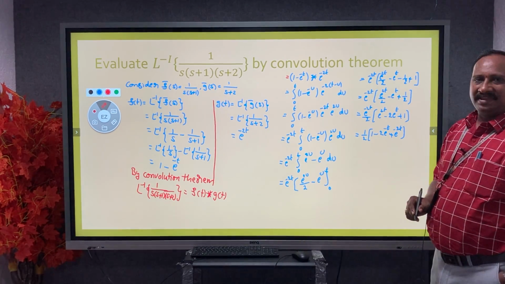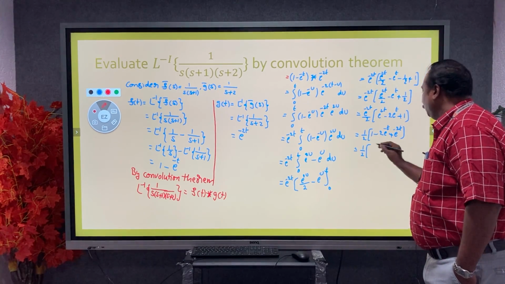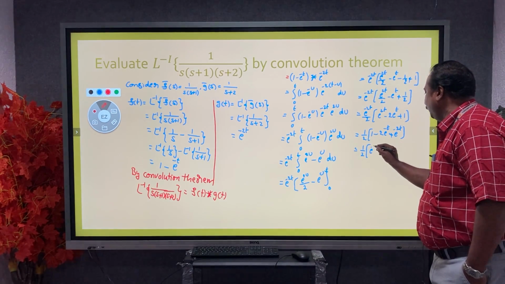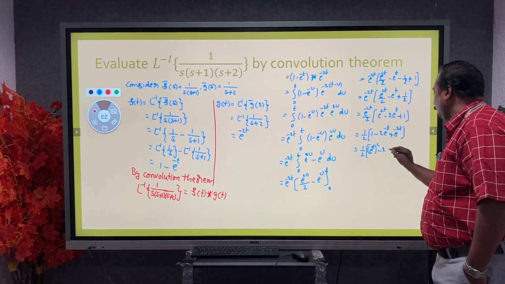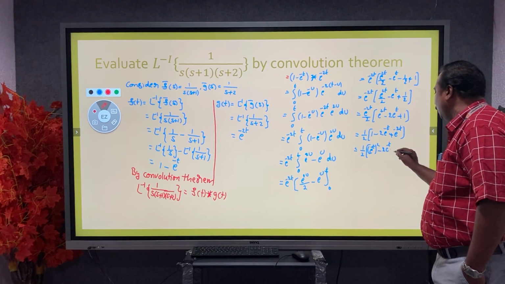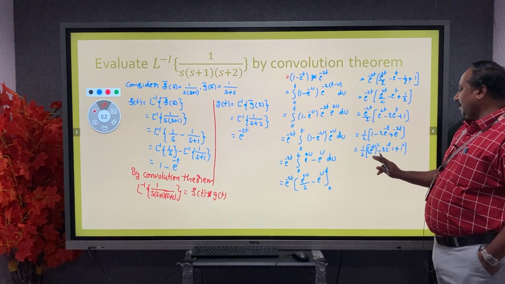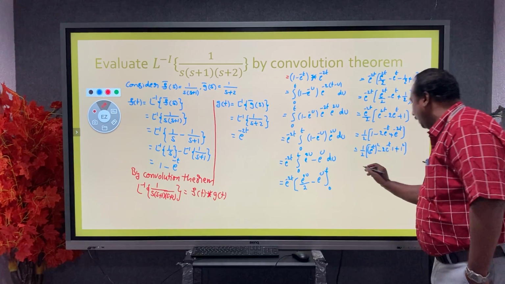So this is 1 by 2 into, we write this one again, e power minus 2t can be written as e power minus t whole square minus 2 into e power minus t into 1 plus 1 square. So nothing but a square minus 2ab plus b square, nothing but a minus b whole square.